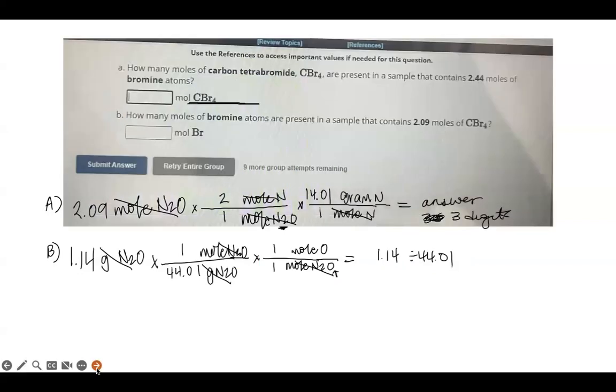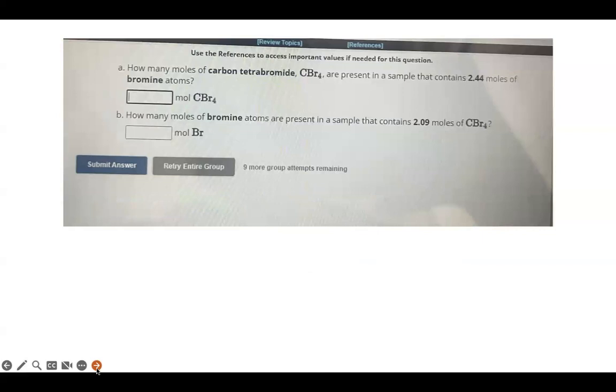Okay. So this problem is similar, but a different compound. All right. So looking at A here, we're starting with moles of a certain compound, and we're asked, oh, wait, no, this one is different. Sorry. I looked at it real quick. This is a fun one. This is one where we'll need Avogadro's number.